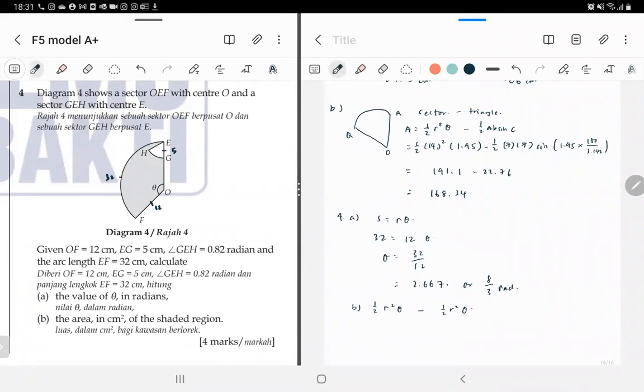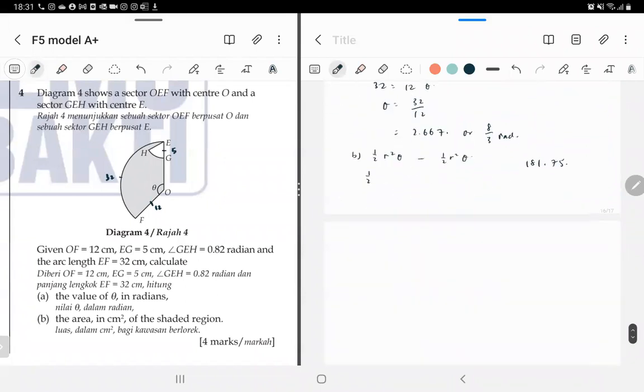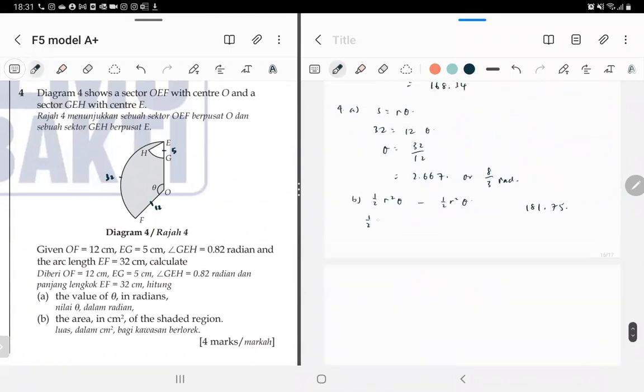Is the answer 181.75? How do you get it? I get FOE first, which is 1/2 times bracket 12 power 2, and then times the radian 2.66667. That one I got 192.